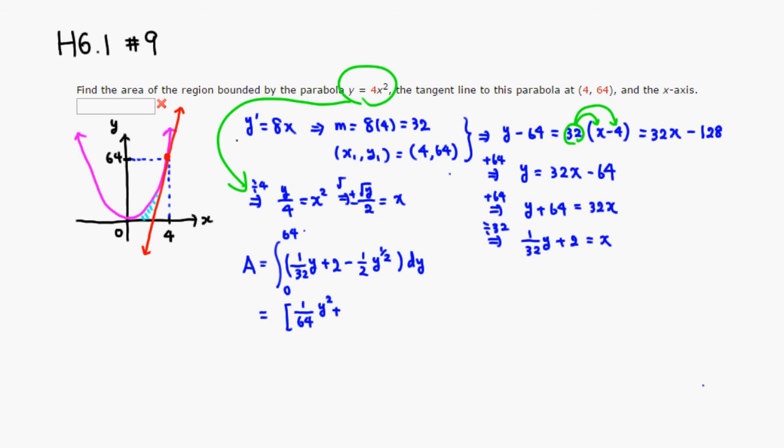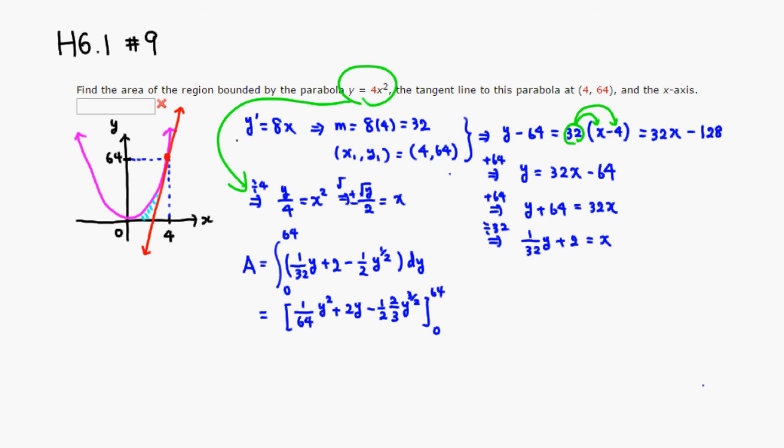The antiderivative of 2 is 2y. And the antiderivative of negative y to the 1/2, add 1 to the power, so that would be the 3/2 power. Dividing by 3/2 is the same thing as multiplying by 2/3. Then you're going from 0 to 64.